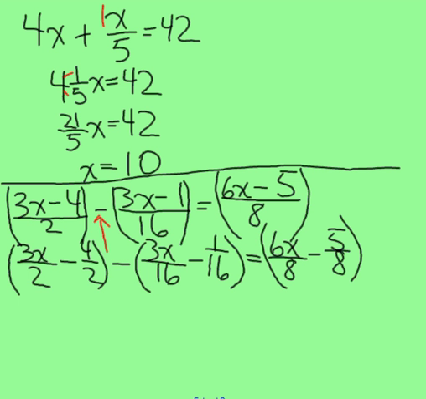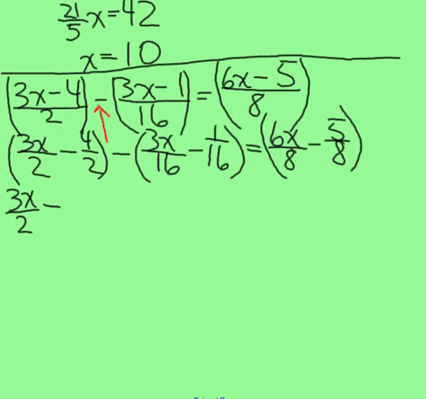Okay, now we're going to take the brackets off. So that is 3x over 2 minus, well, 4 divided by 2, we know what that is. That's 2, minus 3x over 16.